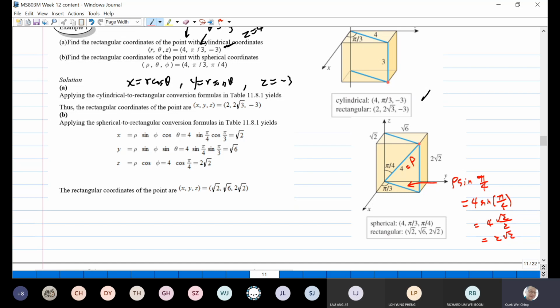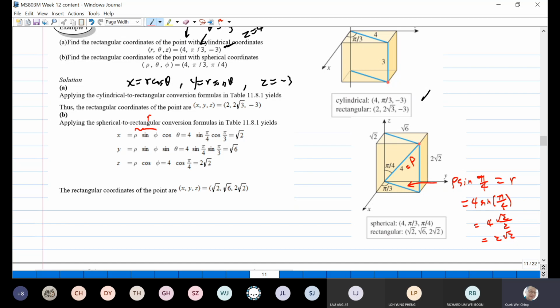Then you find this is 2 square root 2, but that is not what you want because I want the x and y. That is actually the usual r here. So r cosine theta is x, right?